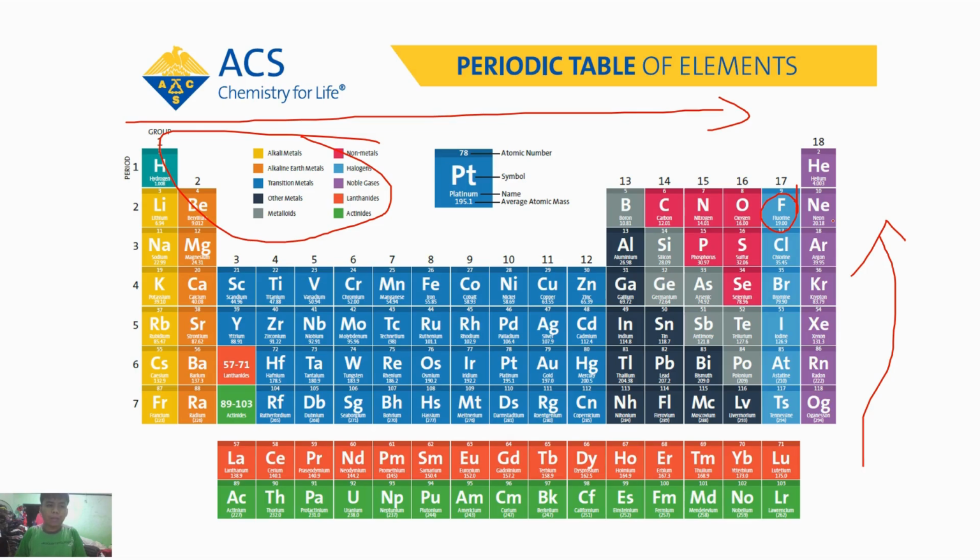But if you have metals, they are very weak in ionization and electronegativity. So chances are they are willing to give up an electron rather than to share or take an electron.